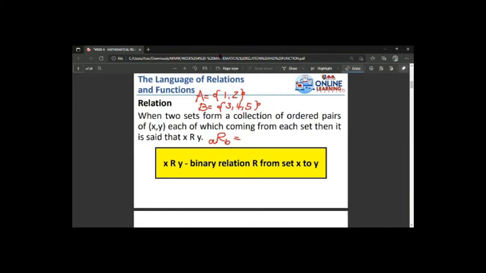Sinabi sa problem, ang partner daw ni 1, for example, is si 3 and si 4. So partner niya yung dalawa. Okay? So from that, we created a collection of ordered pairs, right? X, y. Then yung 2 daw, partner ni 5.